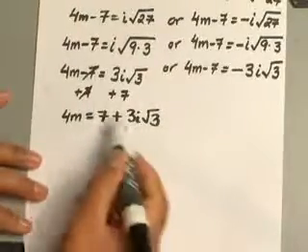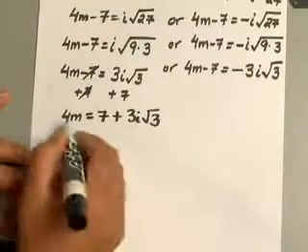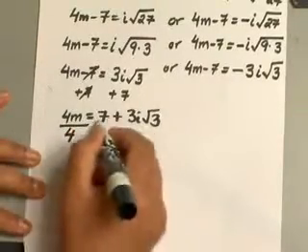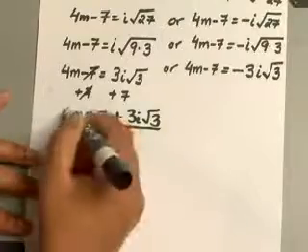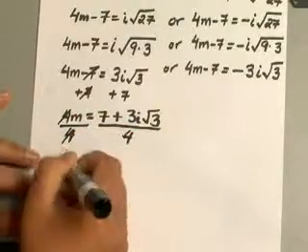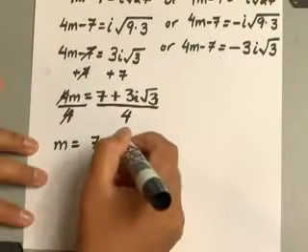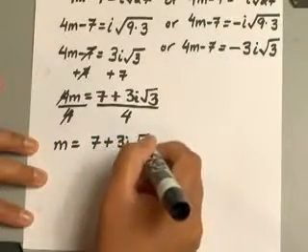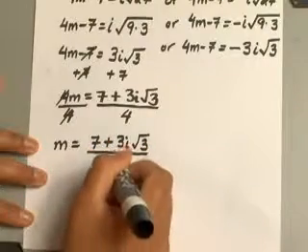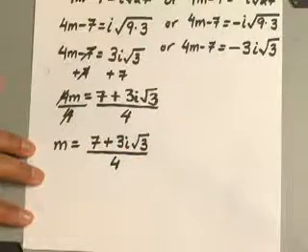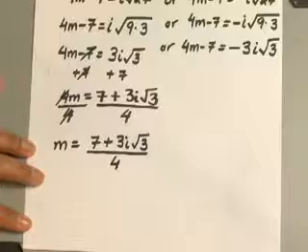So just leave this as 7 plus 3i square root of 3. Now, to get m by itself, we divide both sides by 4, and you end up with m equals 7 plus 3i square root of 3 over 4. And that will be one of your answers.